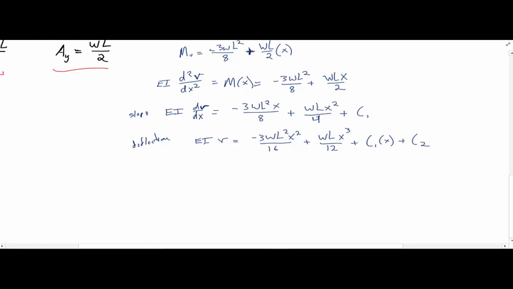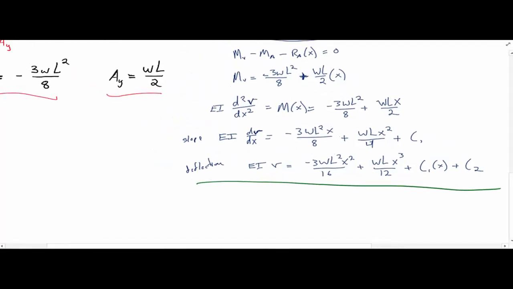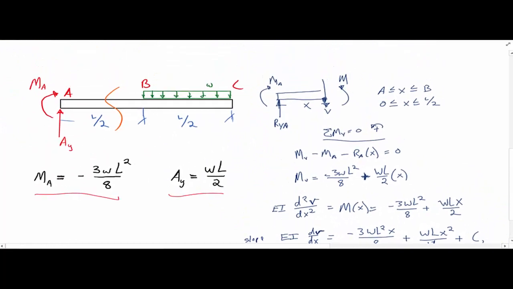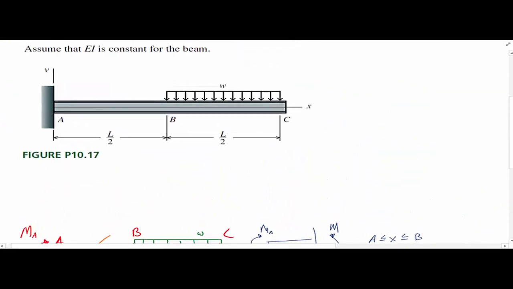Now we have these two equations, and the next thing we can do is use our boundary conditions. Let's go up to the original diagram.